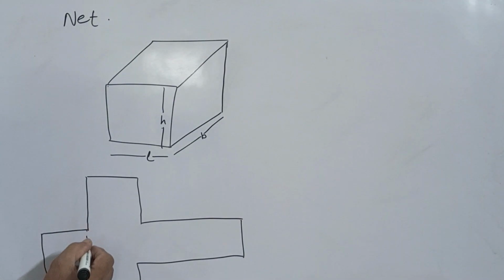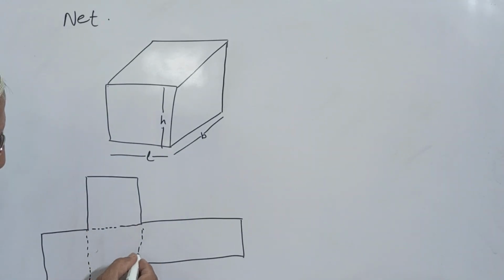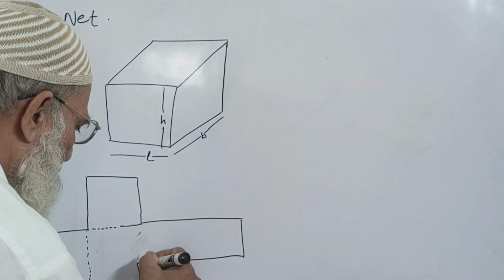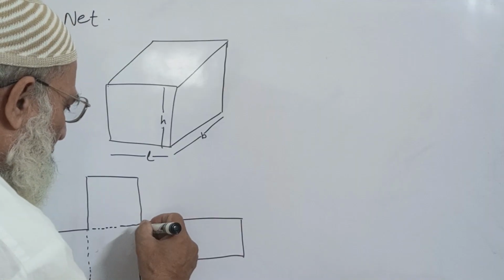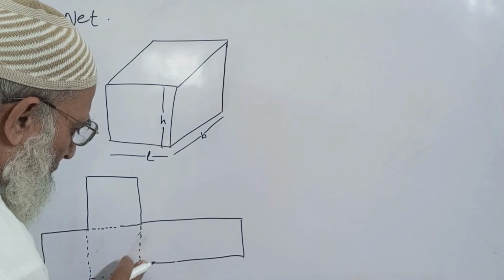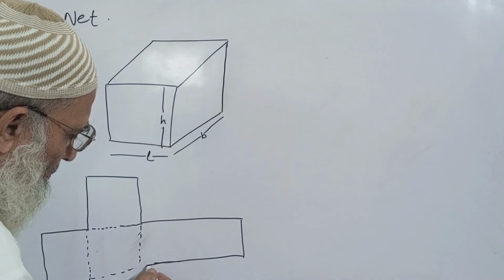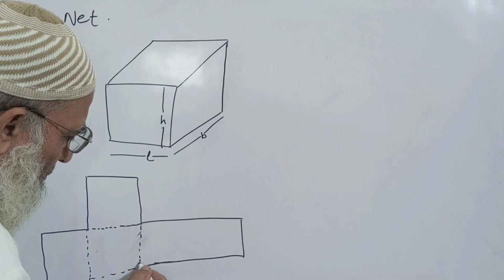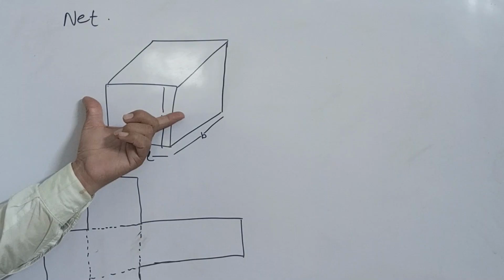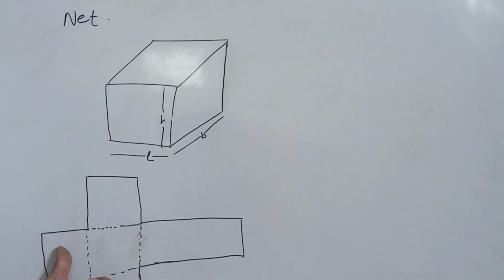Now one face is this. We can fold it from the dotted line. Now my dear student, this three-dimensional figure has been opened up into a two-dimensional figure.